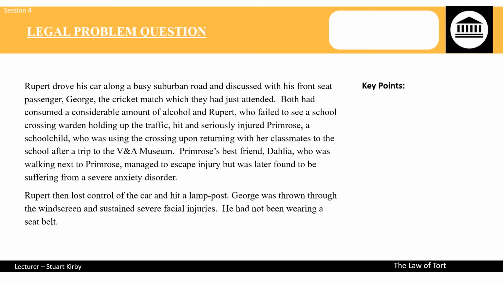So it's worth, when you look at these legal problems, to extract the key points, because there's a lot of fluff in there. For example, classmates' school trip to the V&A museum. I don't expect to see, when you're writing your assignment, that you mention this. There's no need to mention stuff like this. You can say, whilst returning from a class trip, but things like the V&A museum has no relevance and actually just takes up word count.